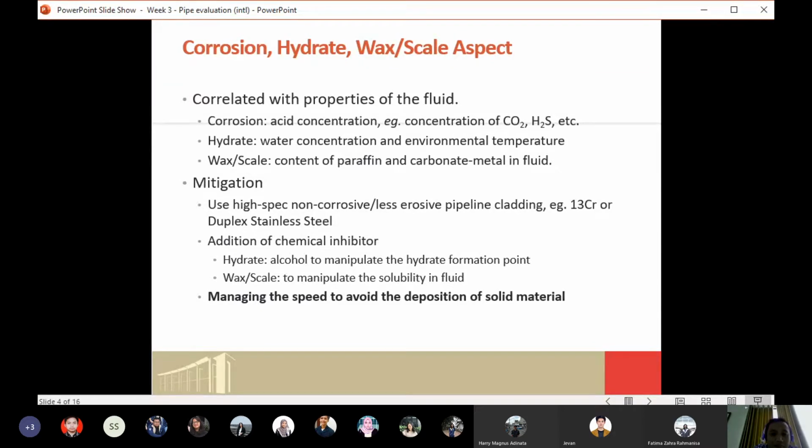Or we manage the speed to avoid deposition of solid material. To avoid wax or scale, sometimes we make the superficial or linear velocity of the fluid inside the pipeline fast enough not to deposit any particle or solid during transportation.